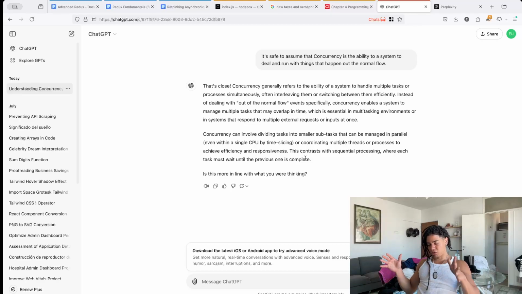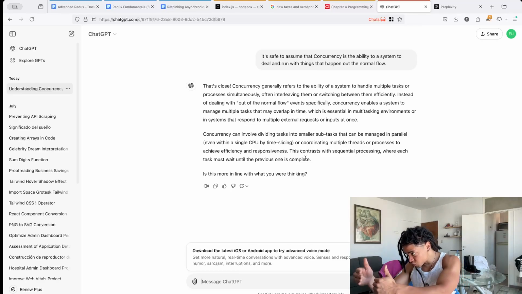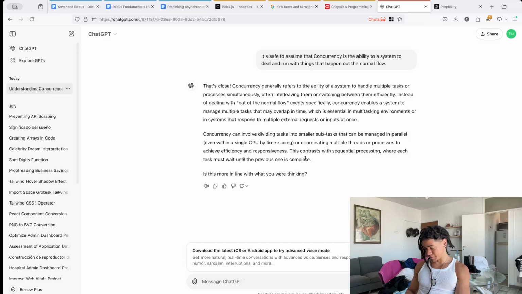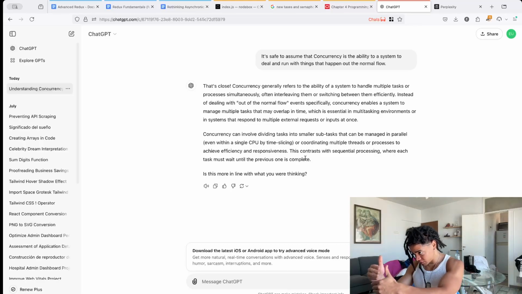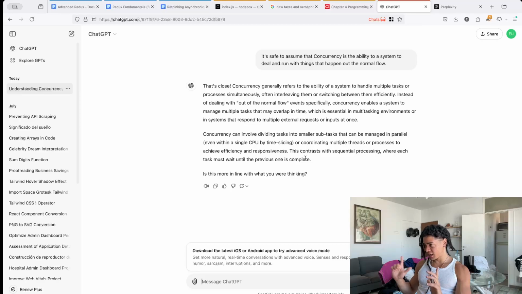Exactly. Unlike sequential processing, where you have to process this and then another one and then another, so each one of the tasks needs to be processed in a sequence. Concurrency says, hey, I'm going to manage multiple tasks that overlap in time.